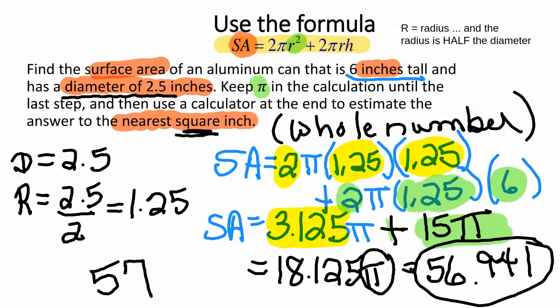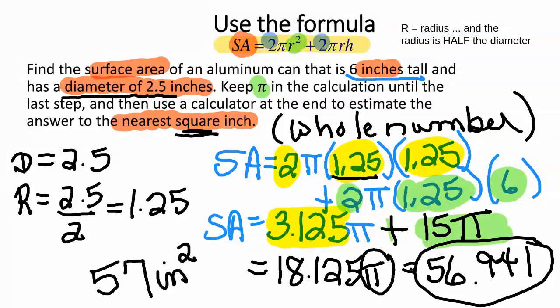But what's my increment? Well, if you notice, 2 is part of the formula. I have 2 yellow 1.25s, and I have 2 1.25 times 6, which means that this is inches squared.